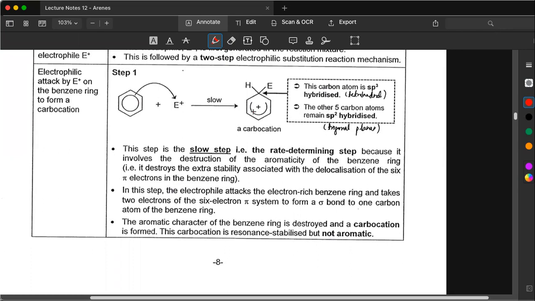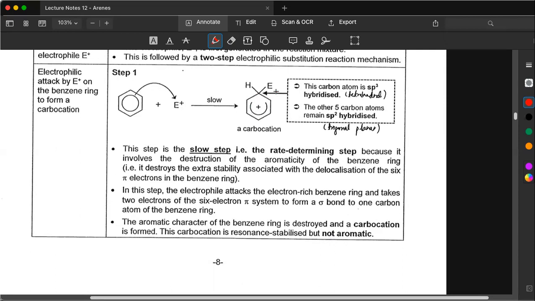This carbocation is resonance stabilized but not aromatic anymore. Once this carbocation is formed, this carbon atom becomes sp3 hybridized, which is in a tetrahedral structure. The other 5 carbon atoms remain sp2 hybridized in a trigonal planar structure.